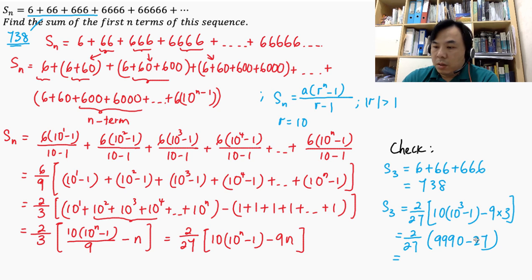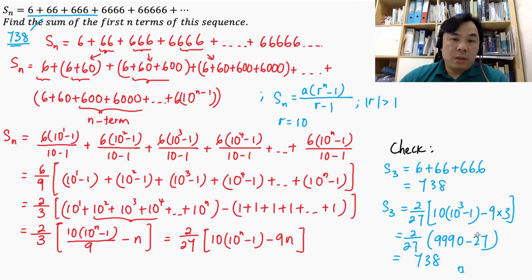Okay, hold on. I will have 0 minus 27. Okay, after that I need to divide by 27, for instance, and then multiply by 2. Right, so the answer is indeed 738.